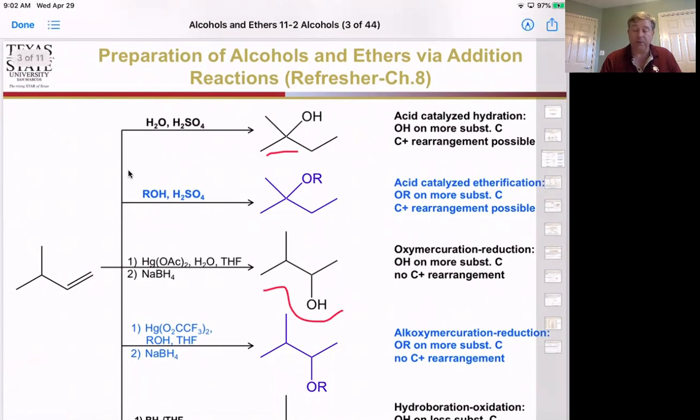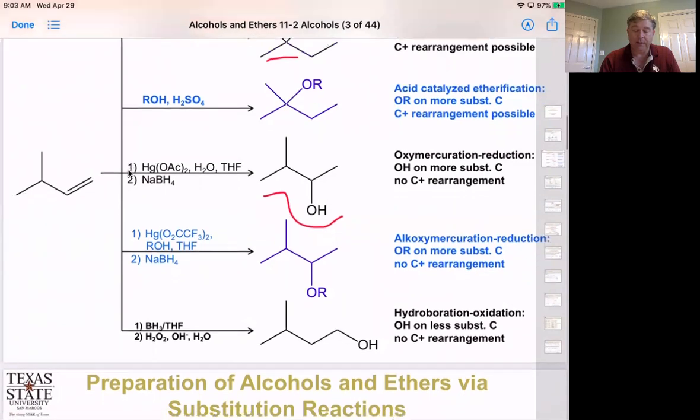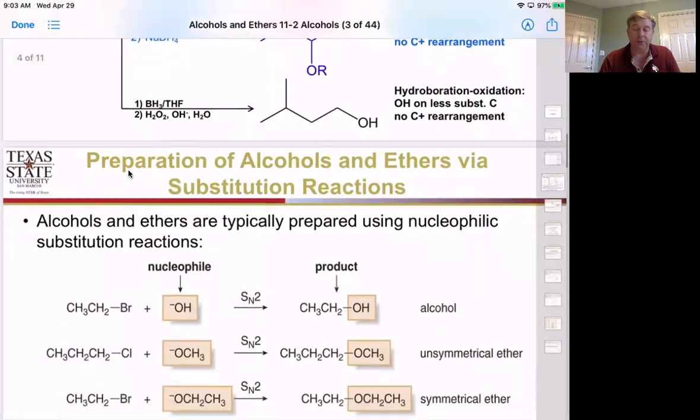And we can also get to our primaries by doing a hydroboration oxidation reaction, where we get the boron attached to the outer carbon, and then we get oxidation of it off with peroxide to give us our primary. So using our addition reactions here of water across an alkene, we can get to our primary, secondary, or tertiary alcohols. Okay. We can also get to these alcohols and ethers via substitution reactions.